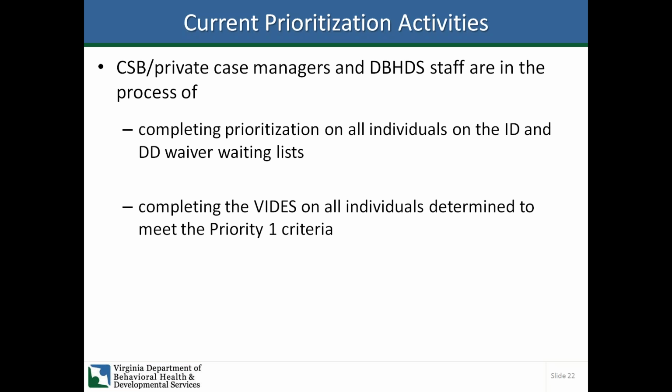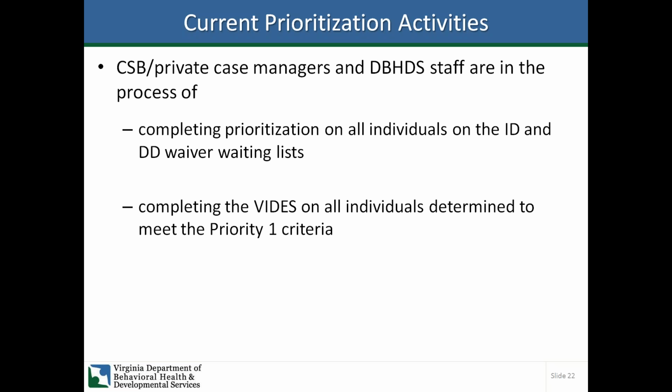The VIDEs will need to ultimately be completed on all individuals on the waiting list, but we're focusing right now on those who are determined to be priority 1 to ensure that those folks meet functional eligibility and prepare for the distribution of the General Assembly funded FY17 new slots.